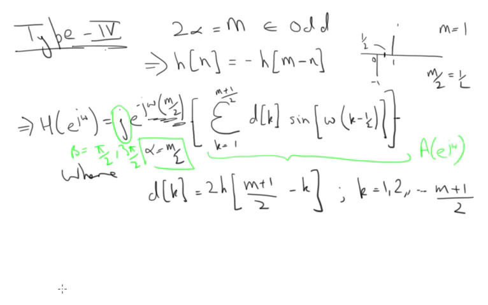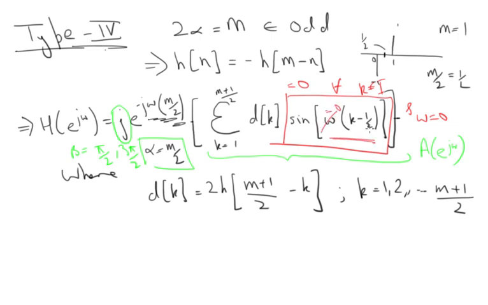Like the previous cases, if you observe this term, it will be 0 for all k belonging to integers and omega is equal to 0. That is, for omega is equal to 0, this sine 0 will be 0.